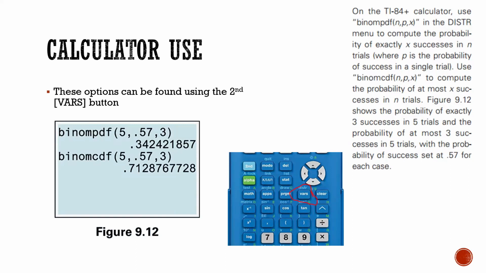Now let me tell you this other one. I could have done this by using the formula that I taught you earlier. Notice this is the same as 5 choose 3 times.